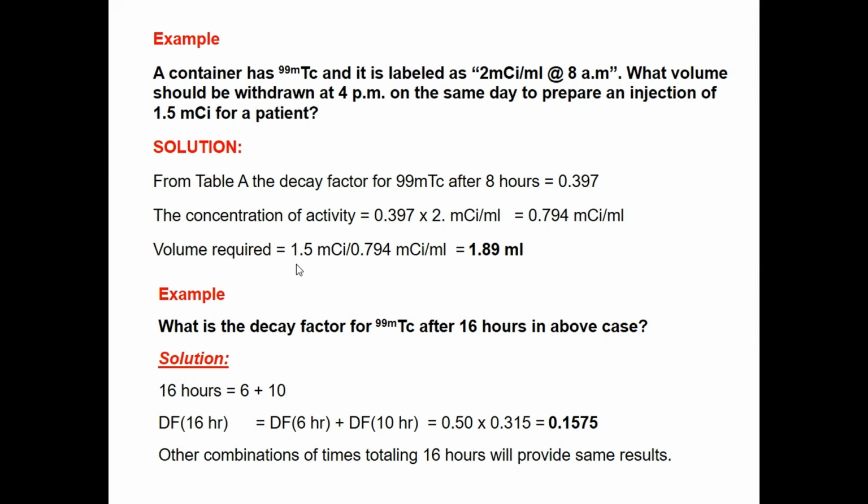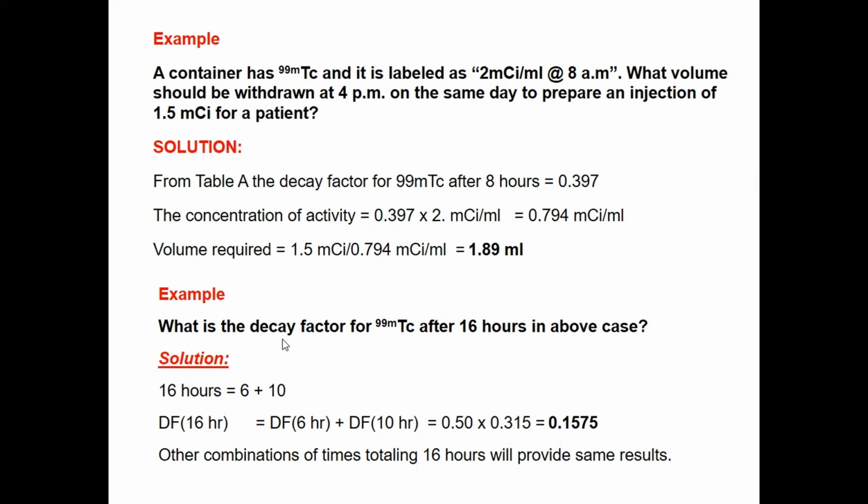Now we must find the volume required, because we want 1.5 millicurie for the injection. So 1.5 millicurie divided by this will give us 1.89 milliliter as the volume to prepare the injection that will be given to the patient, and it will produce the required millicurie dose.